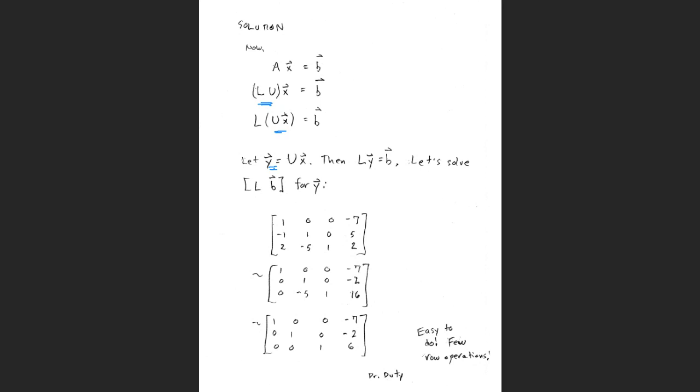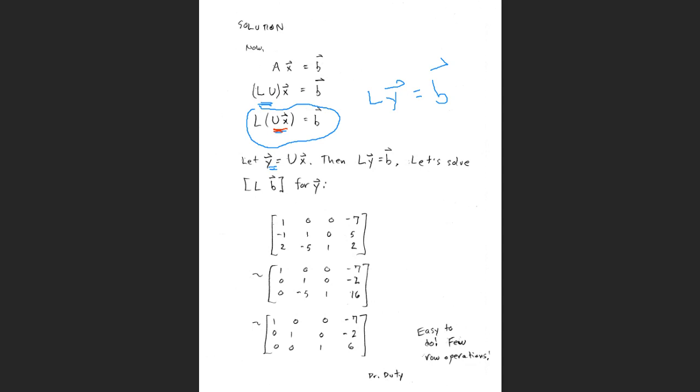So you see what we're doing now is we're treating this matrix equation as the matrix equation L times y equals the vector b, where y is equal to this vector U times x.